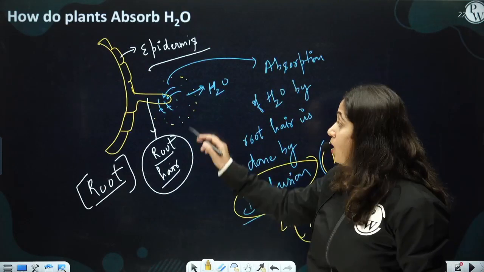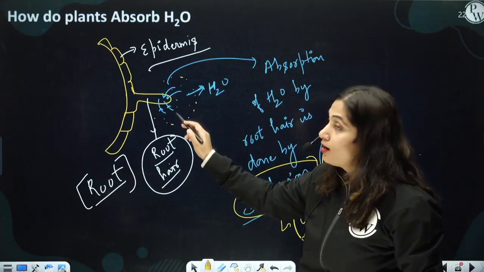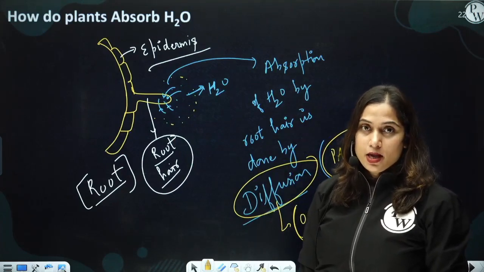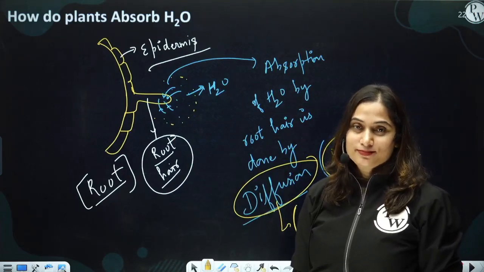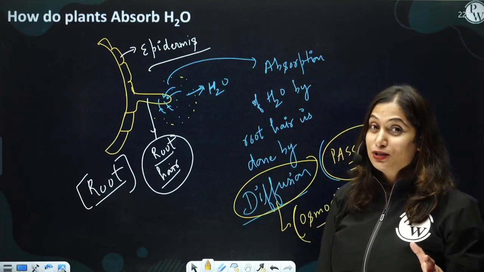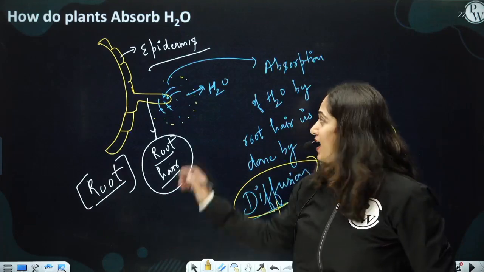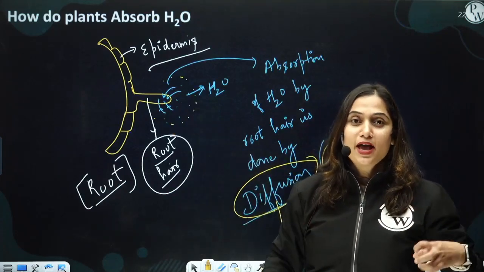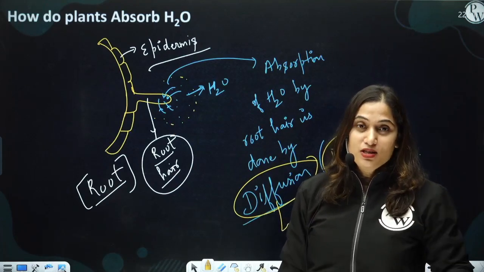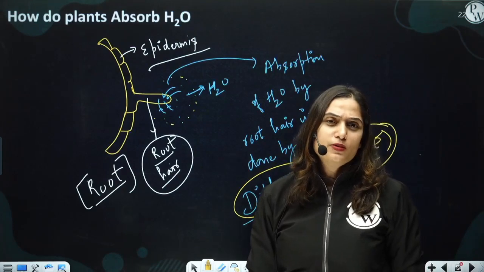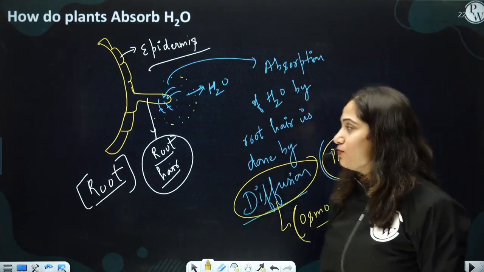Water will cross the membrane of the root hair with the help of diffusion, because the concentration of water is always high in soil as compared to the root. So the absorption of water by root hair is done by diffusion. That means it is passive, no expenditure of energy. And when you want to be specific, it is diffusion, osmosis.